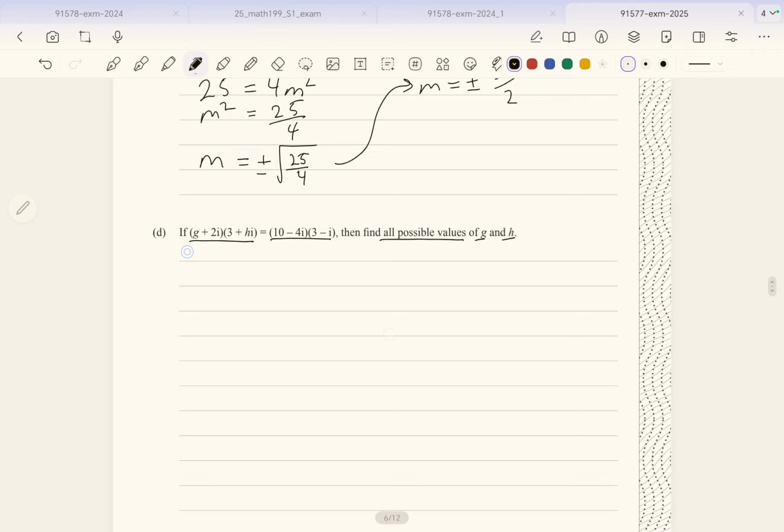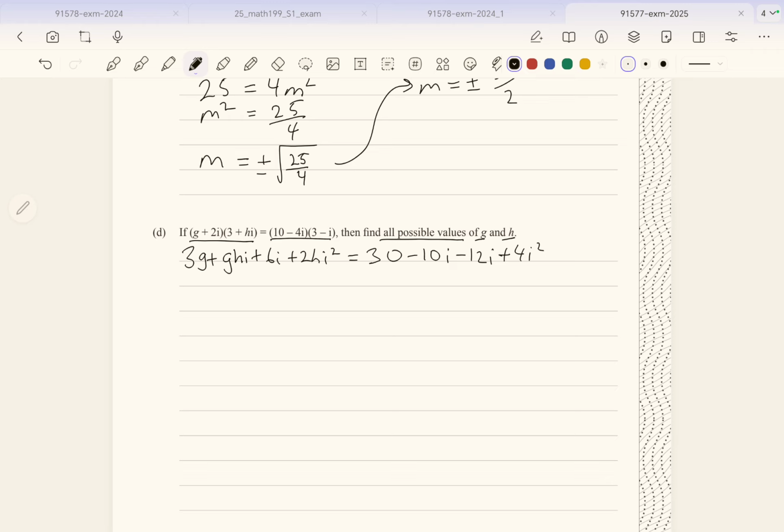This gives us 3g plus 3ghi plus 6i plus 2hi squared, and that's equal to 30 minus 10i minus 12i plus 4i squared.